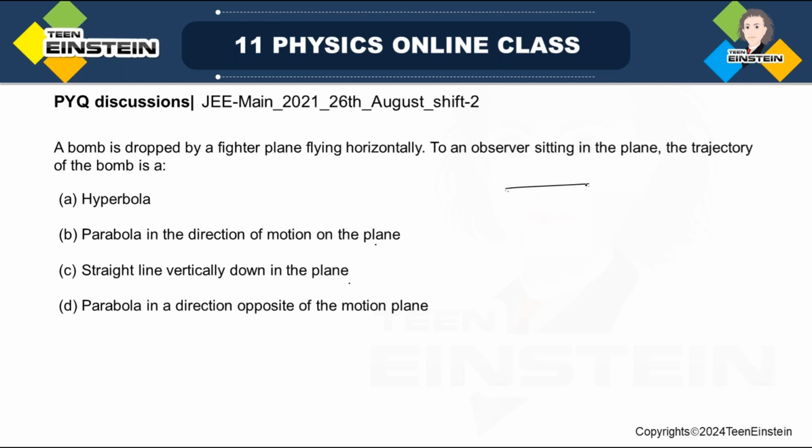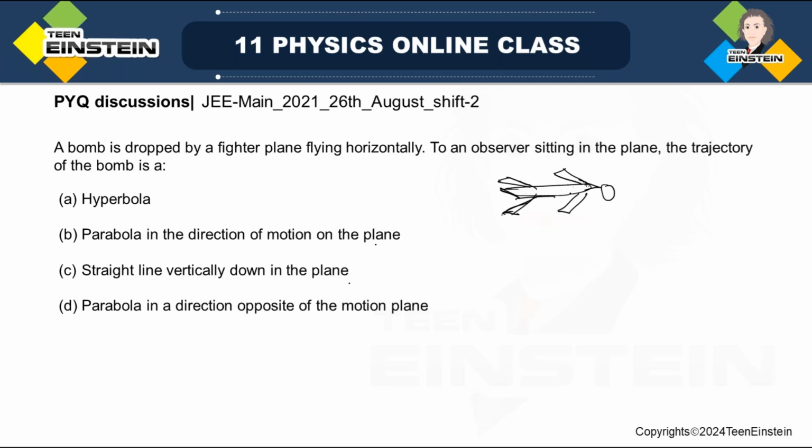So the fighter plane is dropping something. This is a bomb, right? So it is dropping a bomb. The fighter plane is flying in the horizontal plane, right?